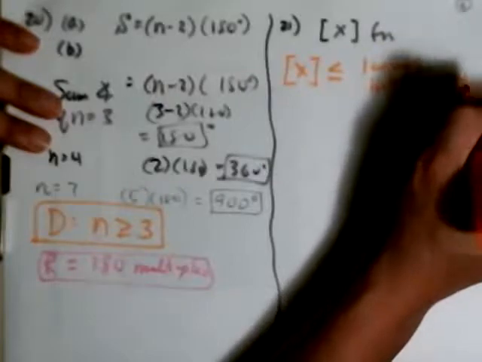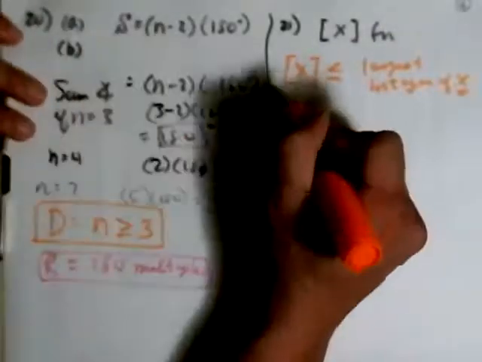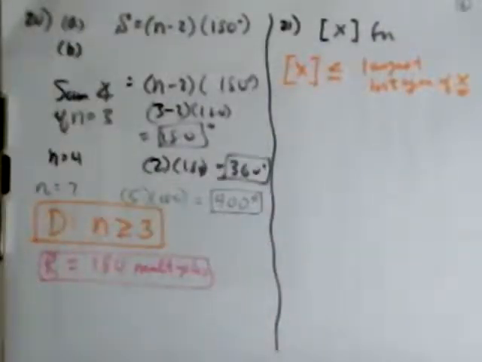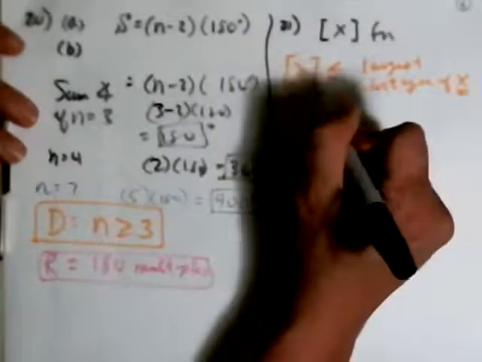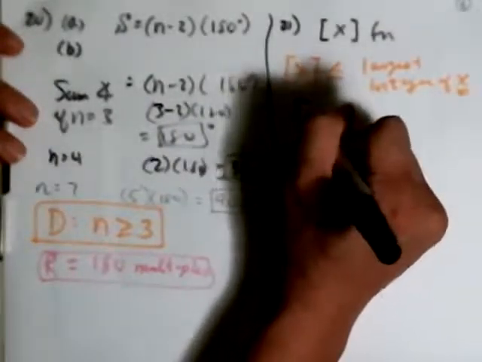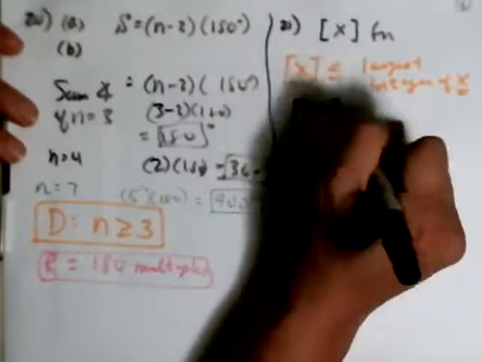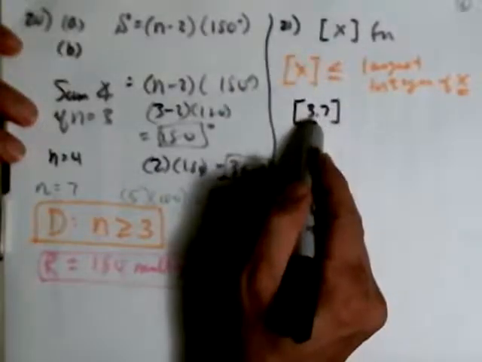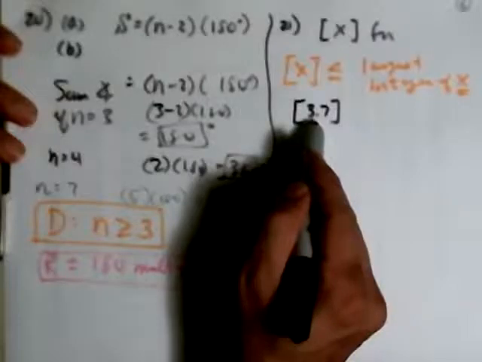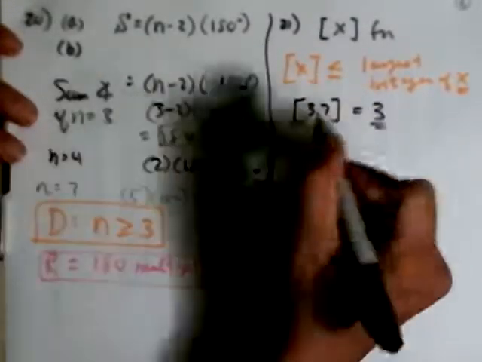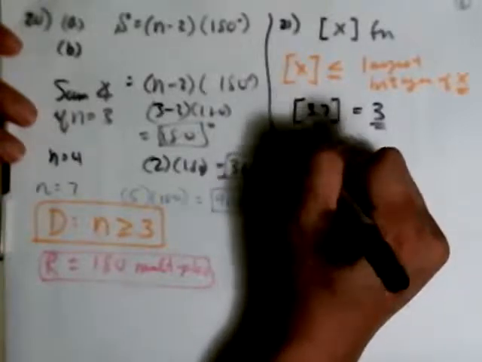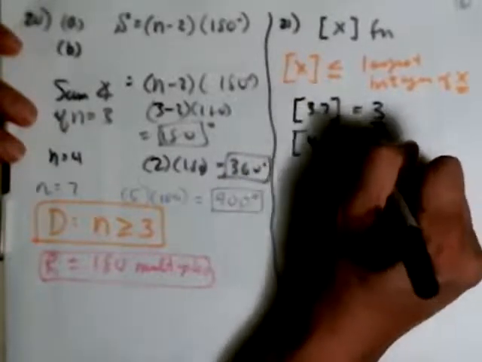So let's do some examples. What's the largest integer of 3.7? It has to be less than or equal to 3.7. The largest integer is equal to 3. The largest integer of 4.2 is 4.